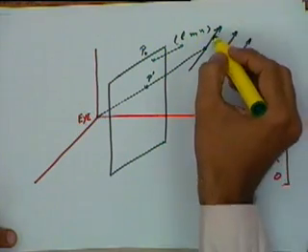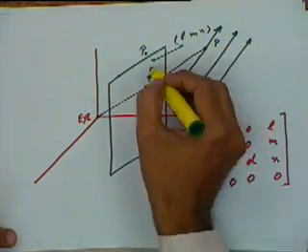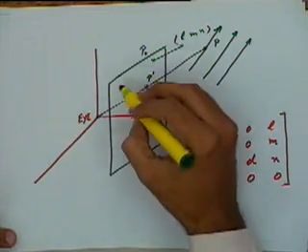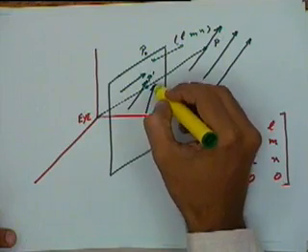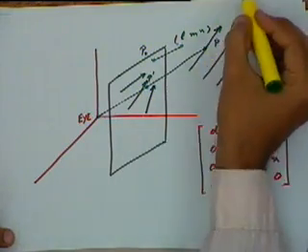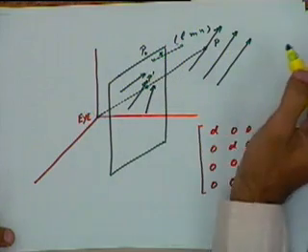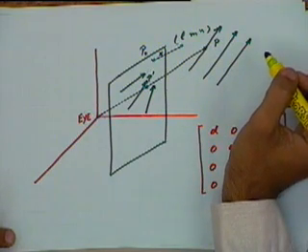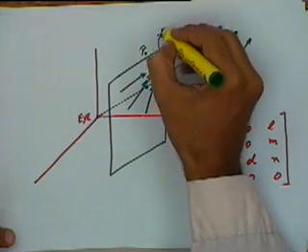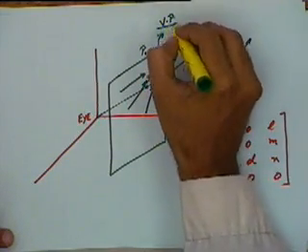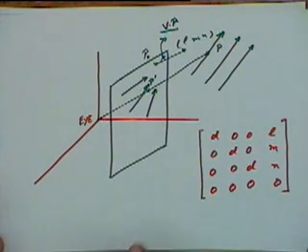Now these lines will get projected onto this plane. Maybe they look something like this, and for this direction we will get a vanishing point somewhere here. How do we find out the coordinates of this vanishing point?